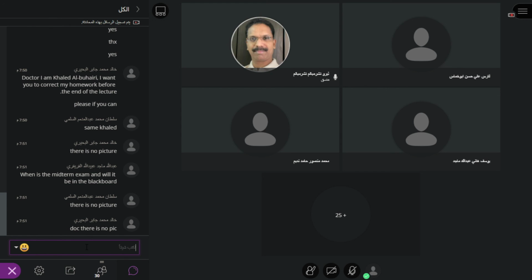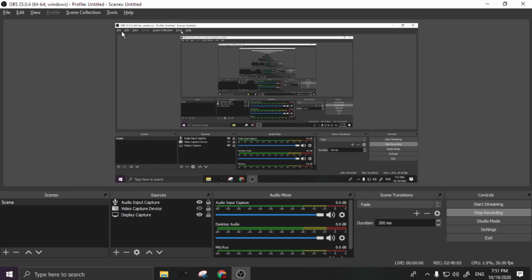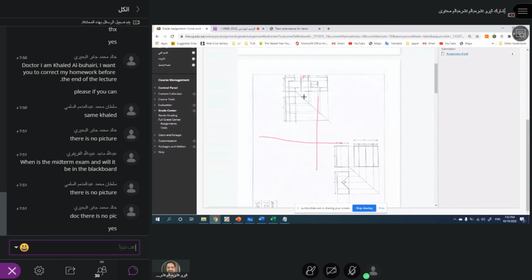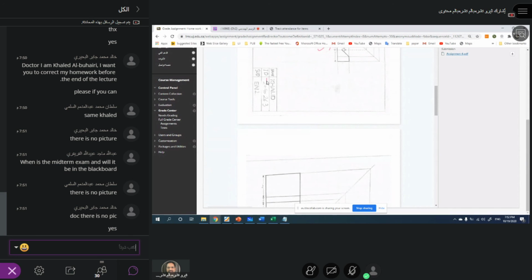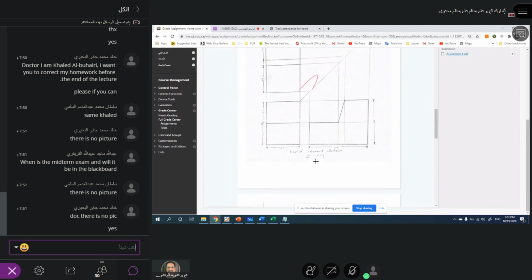So next time I hope you will. Please, this gap, keep it in the middle of the paper. This is okay, this is okay. And this also, use a template, okay? So it looks neat.